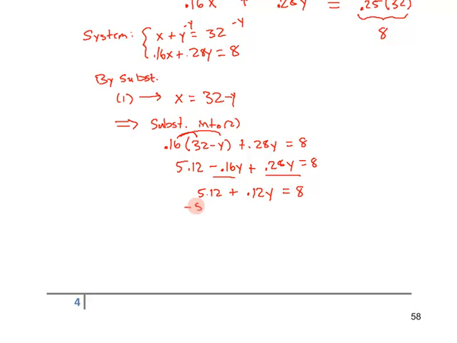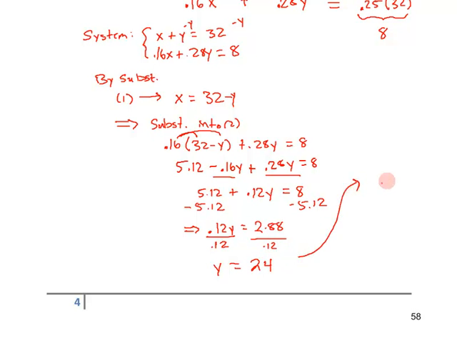If I subtract 5.12 from the other side, I end up with 0.12y is equal to 2.88. Dividing both sides by 0.12, I get y is 24. That means I need 24 ounces of the 28% alloy. Now, how do I get the x? Okay, from up here.